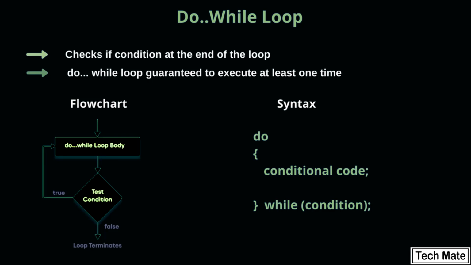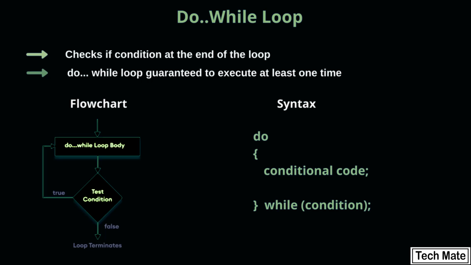For example, if you are taking some user input, suppose I am writing ATM code, a user at least has to enter the PIN number once. If they enter it correctly, I don't have to ask again, but if they enter an incorrect PIN number, I will have to ask again, but at least the loop should execute once. So such loops can be planned using the do while loop.